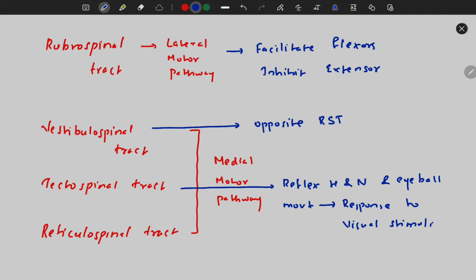For example, if you are walking by a road and something suddenly approaches you and there is a visual stimulus, you are seeing it, so you will move away from it. At that time, the reflex response of your head and neck as well as the movement of your eyeball is away from it. So the tectospinal tract is involved in those movements.